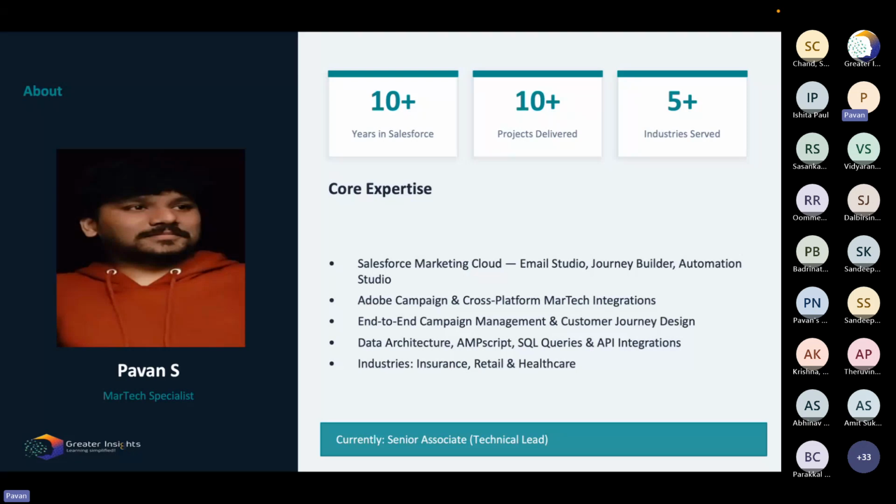So before we get into technicality, I just want to briefly introduce myself. I'm Pavan. I'm a marketing technology specialist. I have over 10 years of experience working exclusively in Salesforce tech across various clouds that we have. So predominantly, I've been working on Marketing Cloud.